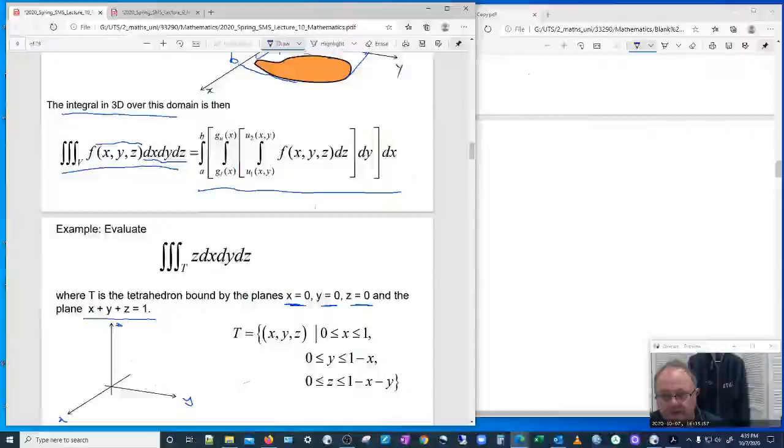From the origin, x will go from 0 to 1. Y will be 1 minus x. So 1 minus x is this line, 0 to 1 minus x, that way if you like.